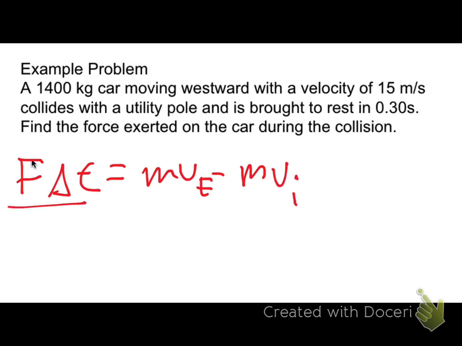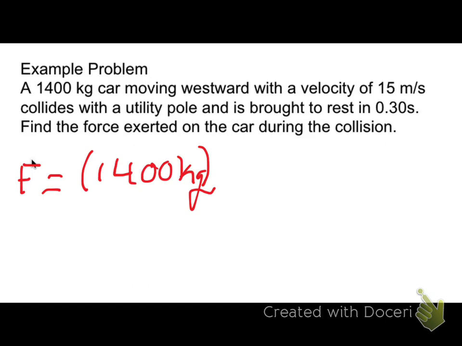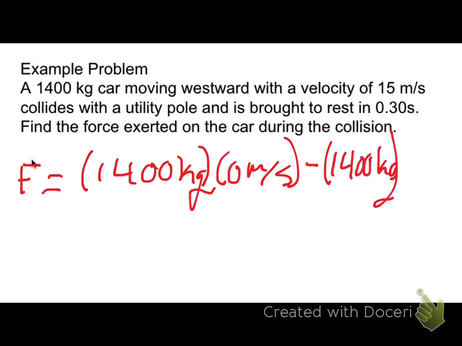And then we're going to manipulate this by dividing by time so that we can get force on its own. So if we do all of that, then we'll wind up with the force being equal to our mass, which is 1,400 kilograms, times that velocity final, which we know if it's brought to rest, that final velocity is 0 meters per second, minus our 1,400 kilograms times the initial velocity, which is 15 meters per second.